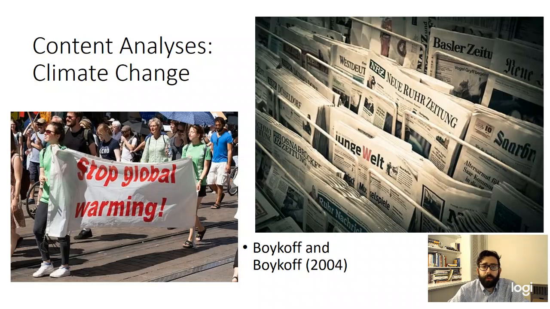And what they found overall is that the United States newspaper press gave a 50-50 split between those who believe it's natural and just occurring, or not really human caused or impacted, and those who see it as human caused, or anthropogenic, climate change.